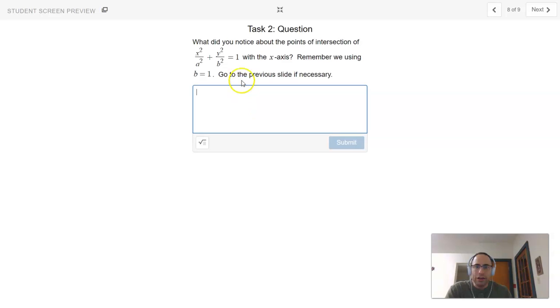Namely, it seems that the points of intersection are of the form a, 0, and -a, 0, as we saw in the graph. Okay, so that's good. So it looks like the graph of this is an ellipse. And the points of intersection involve these a and b.